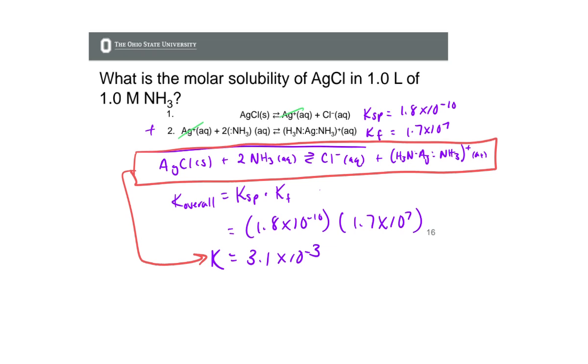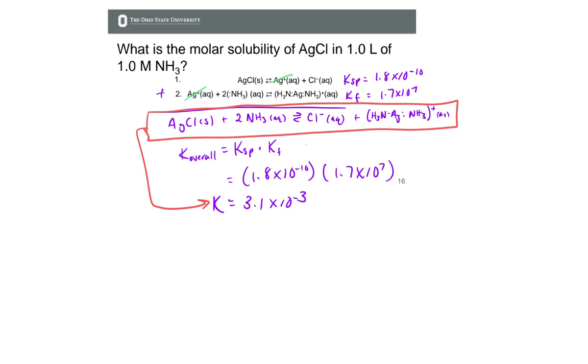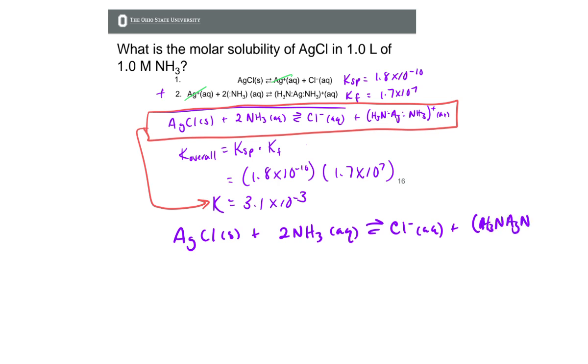In this case, it's an ICE table. No, we don't have to do a BCA table first. I'm going to rewrite my equation and set up the ICE table. Silver chloride is a solid, so we forget about that.